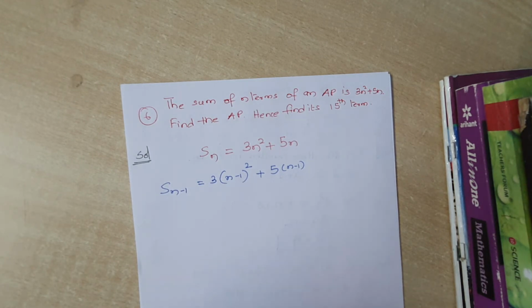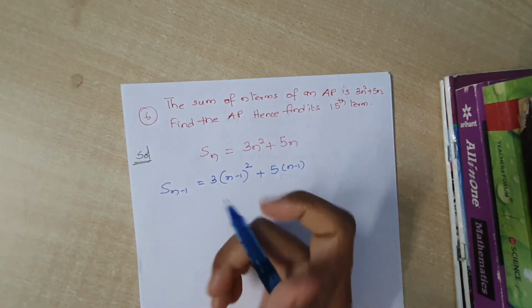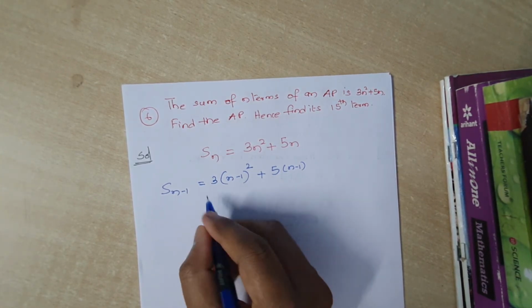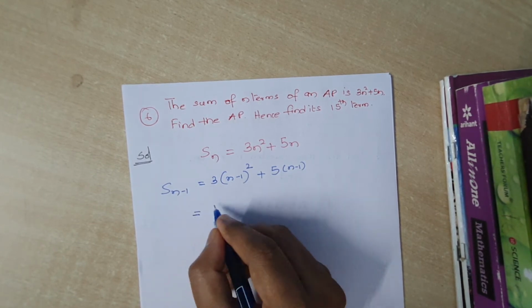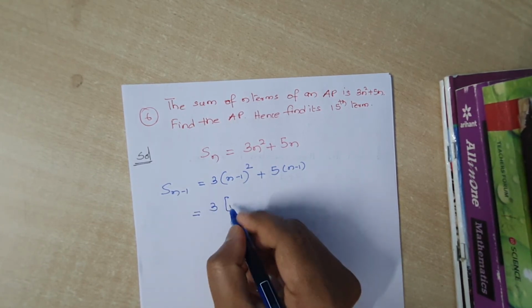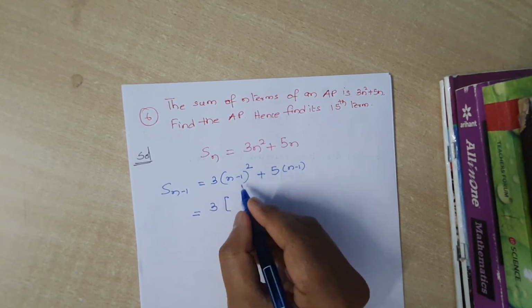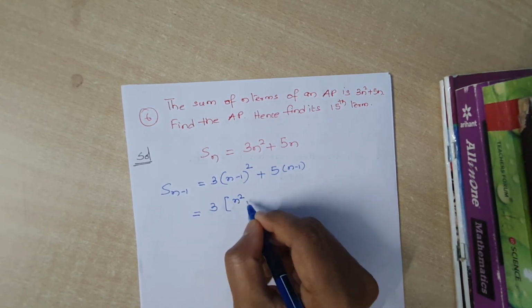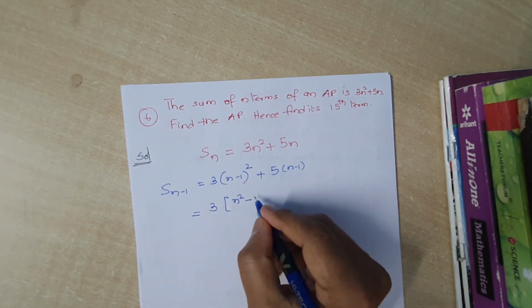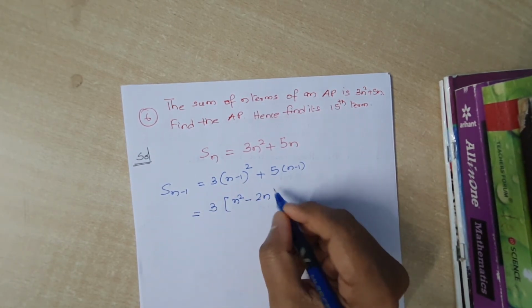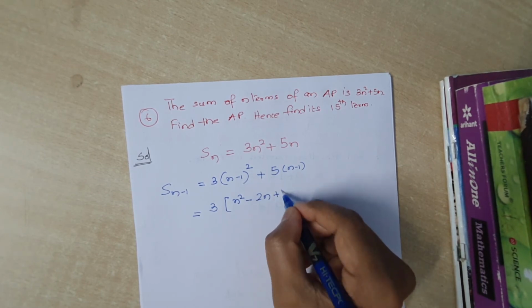After that, is equal to a square minus 2ab plus b square. So a square means n square. Minus 2ab means minus 2 into a into b, 2 into n into 1, 2n. Plus b square means 1.